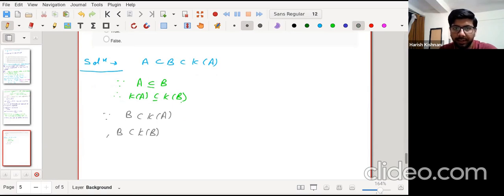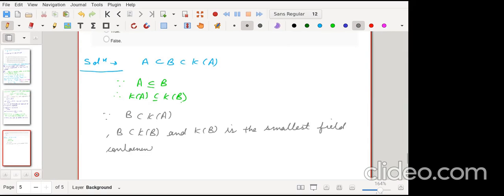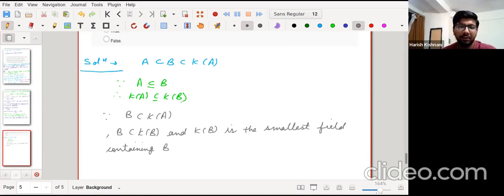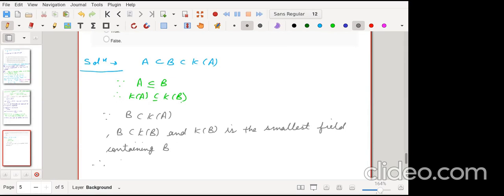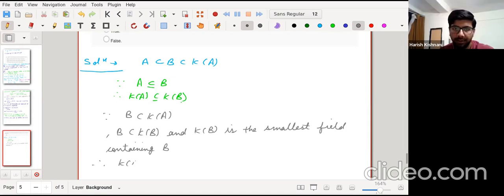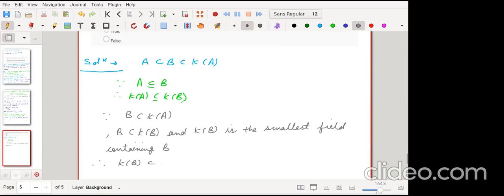B is inside K_A, and K_B is the smallest field containing B. But K_A also contains B. So you must have K_B inside K_A.